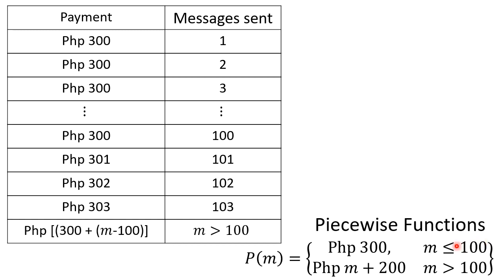Or for m, less than or equal to 100. Ganun siya. Unahin mo yung value ng function kapag yung domain ay ganito. Then for the second row, ganun din. Yung magiging value ng function ko is m plus 200 kapag ano yung domain. Yung m ko ay greater than 100. That is how we write piecewise functions.